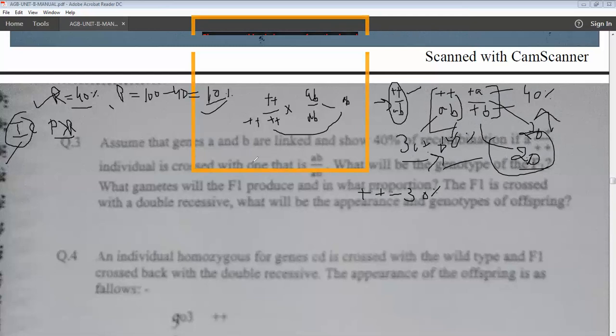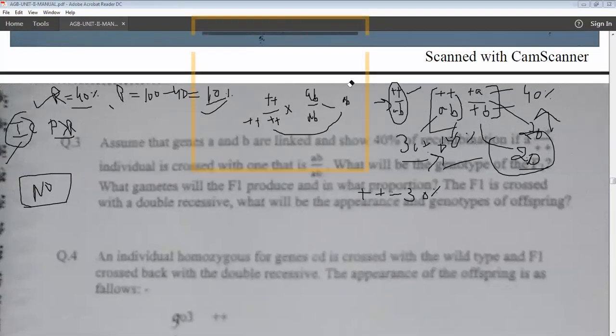From this kind of question, firstly you have to check which kind of linkage is there. This is the incomplete kind of linkage. These are the percentages we can have. But if, just as an example, there is no linkage, in the case of no linkage, what will be the gametes?